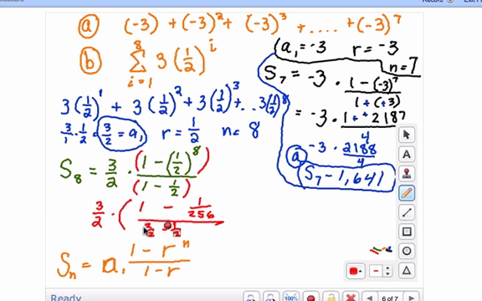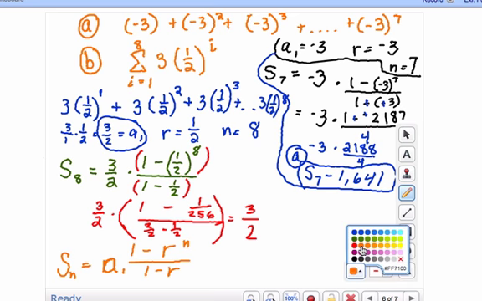So I'm just getting the common denominator so that I can subtract those. Okay, so that's going to equal 3/2, and we need to get the common denominator up here as well, so we would want to rewrite this as 256 over 256. So now we can subtract these because they have the same denominator.